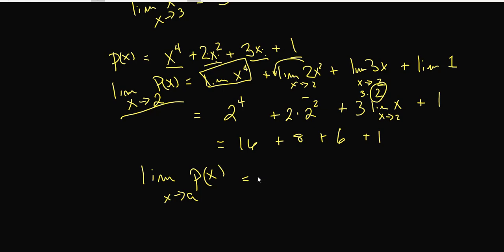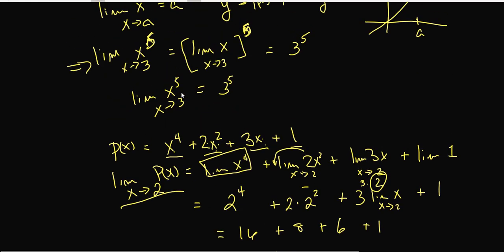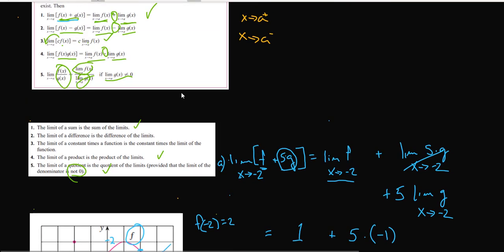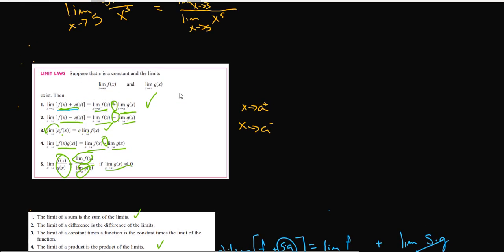So in other words, you can just put the a into p. So we can say that this is the result. So for any polynomial, we can do that because of all these rules that we have.